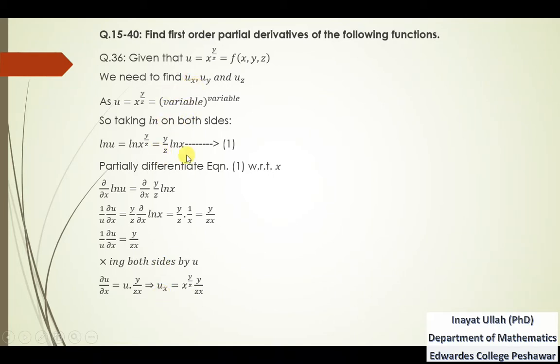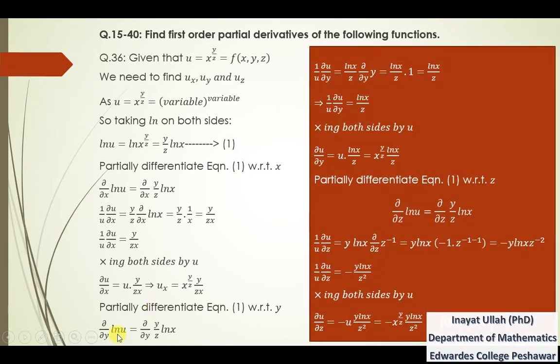Similarly, differentiate this equation 1 partially with respect to y. So del by del y of log of u is equal to del by del y of y by z into log of x. So that will become 1 by u del u by del y, with respect to y.